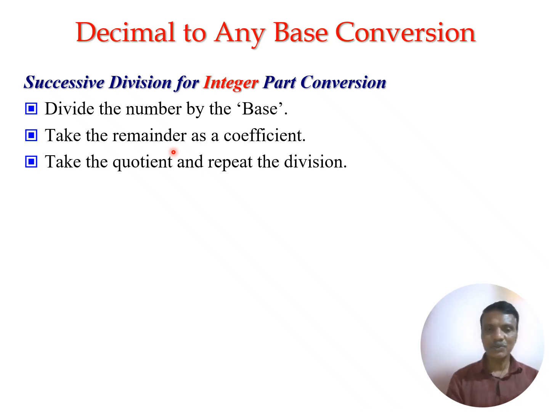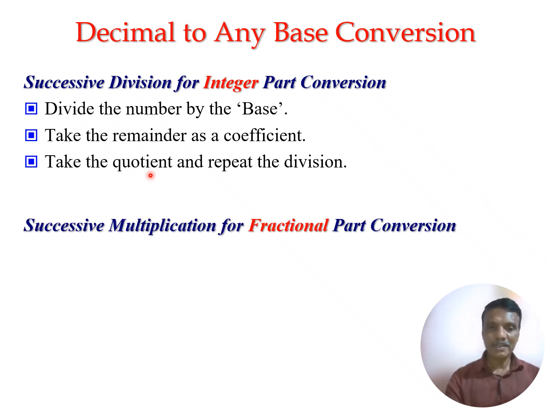The remainder we get is taken as the next coefficient. Like that I am repeating until the end. That is the integer part procedure.